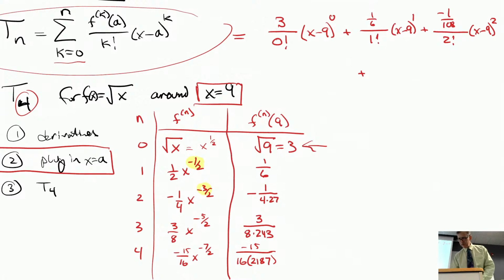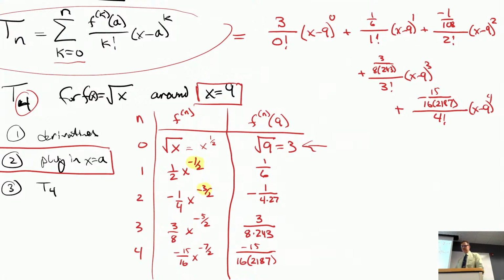Then you have 3/8 times 243, all over 3 factorial x minus 9 to the third. One more term, negative 15 over 16 times 2187, whatever that is, all over 4 factorial x minus 9 to the 4th.